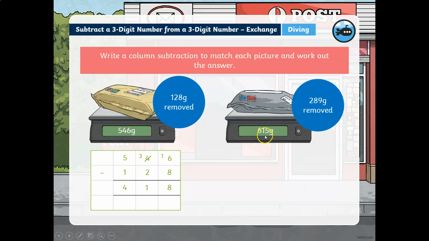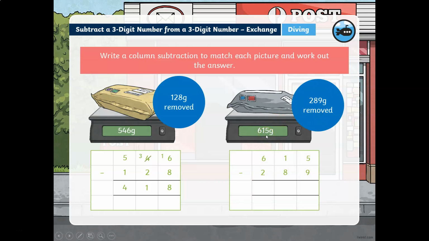Okay, so let's look at this one. The package weighs 605 grams, and we need to remove 289. So we need to subtract this number from this number. So this is how you write it in a problem. Can we take 9 from 5?